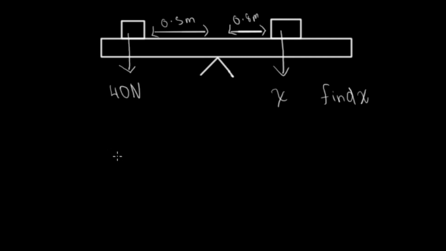So the first thing we always need to do when we get any type of question regarding a lever, whereas this is a lever, is use this method. The force acting upon this, when this goes down, is known as anti-clockwise. The moments here are anti-clockwise, and this is always clockwise.